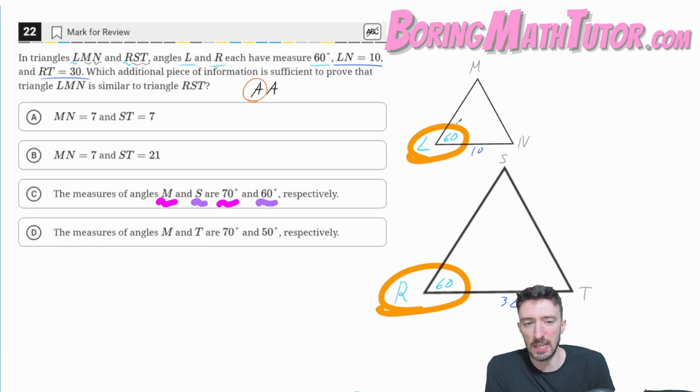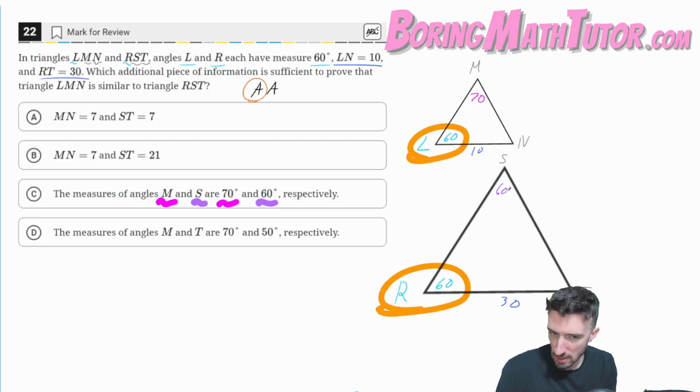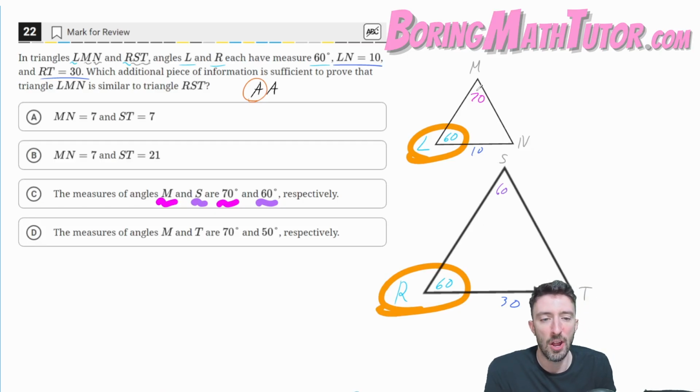But wait a second, if this one was 70 and this one was 60, well, those angles are not equal. And if I have similar triangles, I have to have another pair of equal angles. So this one is actually definitely not the answer because these are not equal.